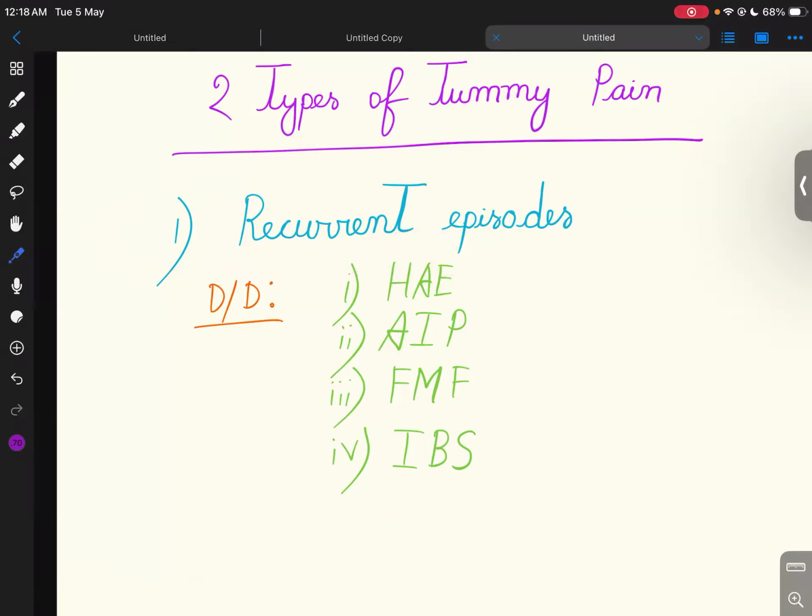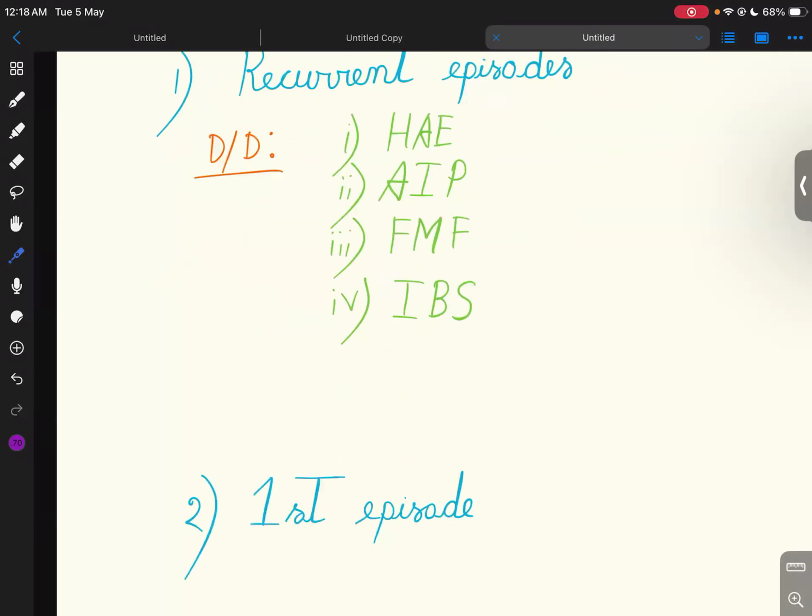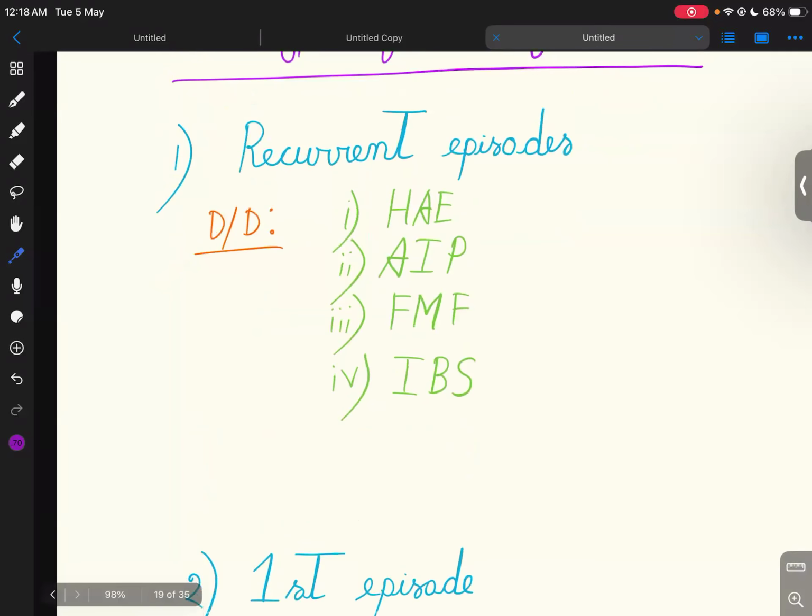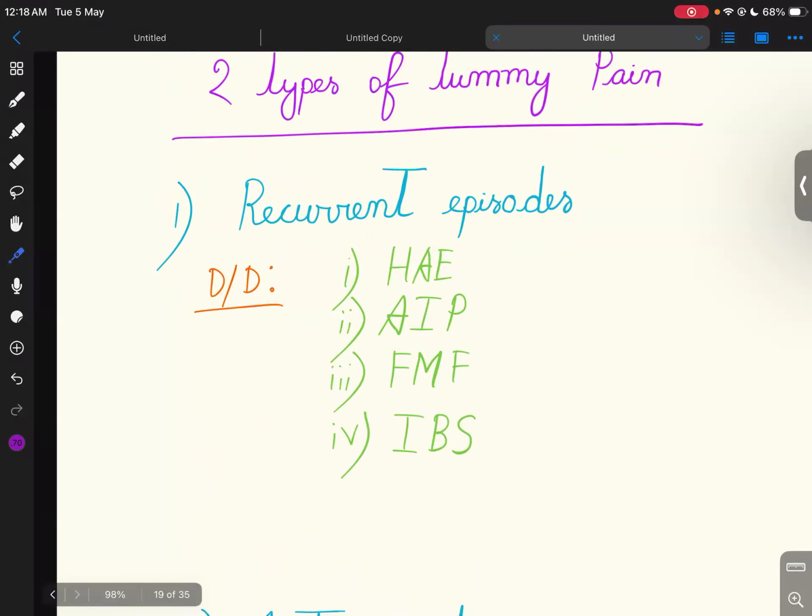May I know, is it clear to all the doctors? Any question from anyone? Some of the doctors have got clear. Okay. Can pancreatitis have recurrent episodes of tummy pain as well?